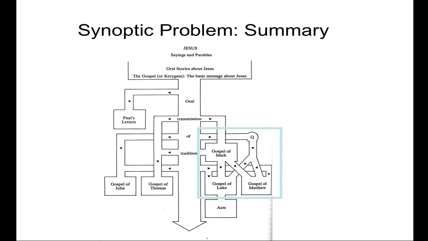And that's why, look at this diagram carefully, this is why you find some of the same sayings in the Gospel of Thomas that you find in the Synoptic Gospels. It's why you find some of the same sayings in the Gospel of John. It's why you find second century authors quoting oral versions of things we also find in the Synoptics.